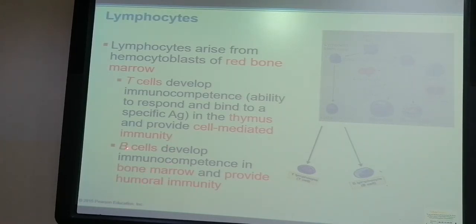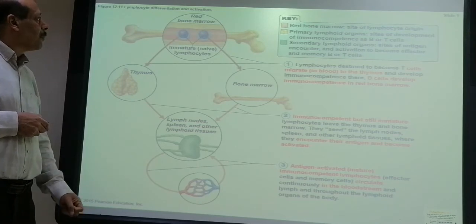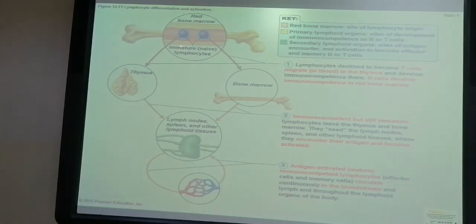So the T lymphocytes are completely developed in the thymus gland, and the B lymphocytes in the bone marrow itself. The red bone marrow has the immature or naive lymphocytes.